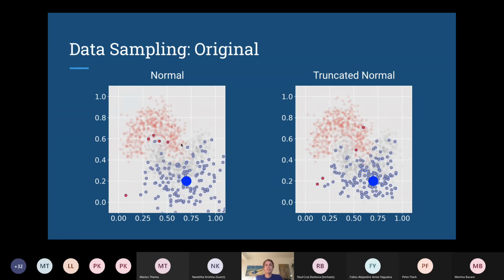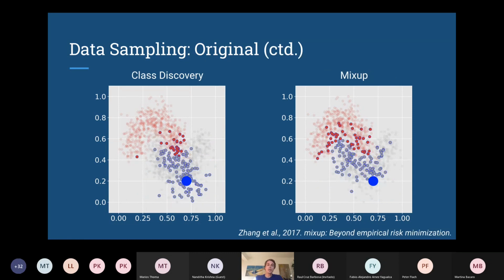This means that you haven't discovered the decision boundary, so there's nothing that you can approximate. This sampling is only based on the density of the data. You can also use the predicted class of your sample to somehow guide the discovery. And these are 2 methods that do so. And here you can see that you actually discover the black box decision boundary. So blue is the explained instance here. So you have something to approximate.